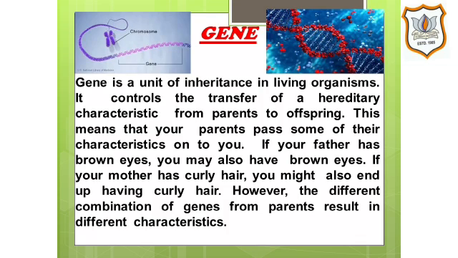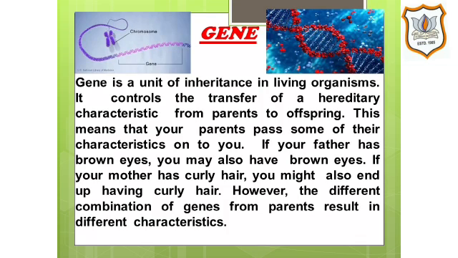Thus, genes control the transfer of hereditary characters from parents to offspring. This means that our parents pass on some of their characteristic features to us through their genes. It is the genes inherited from our parents which are responsible for our various body features.